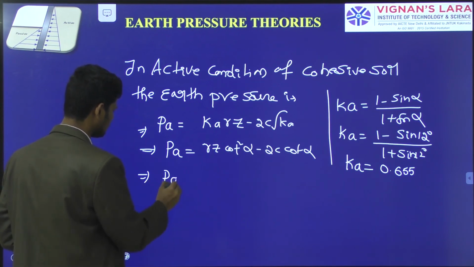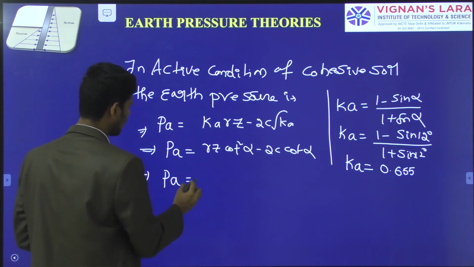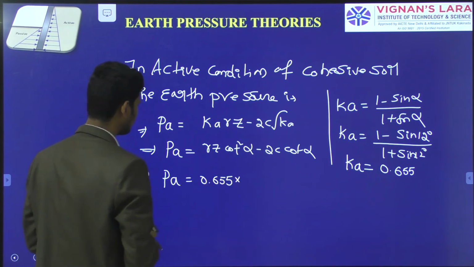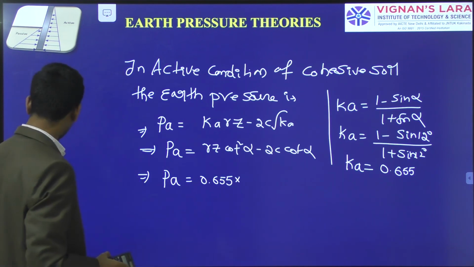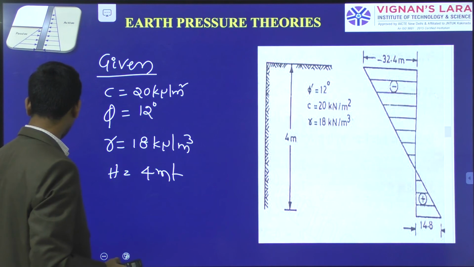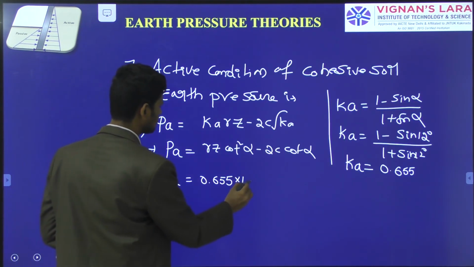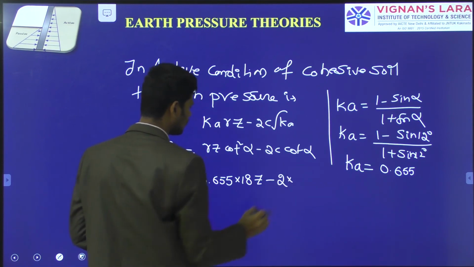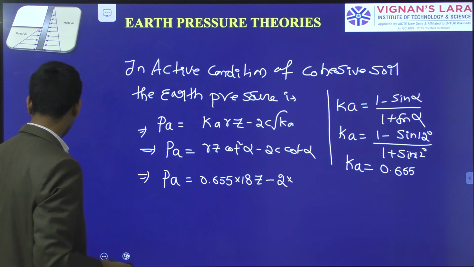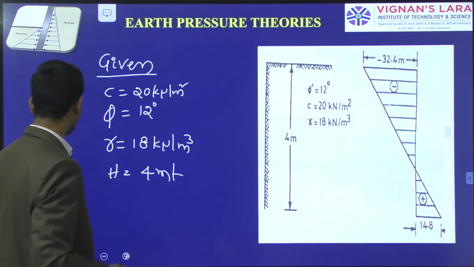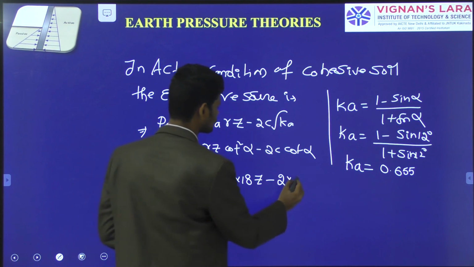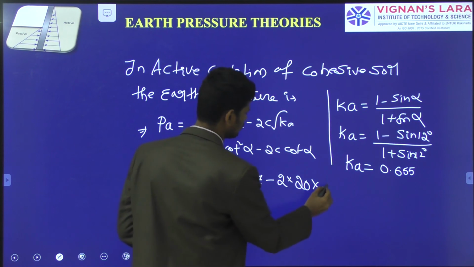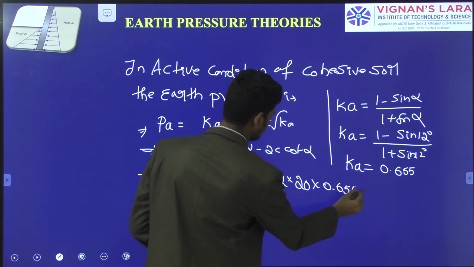From this we should calculate the active earth pressure. That active earth pressure Pa equal to Ka value already we are having, 0.655, and gamma is the unit weight of the soil mass, 18 kilonewton per meter cube, that is 18 into Z, minus 2 into C, where C is the cohesion of the soil mass, given as 20 kilonewton per meter square, that means 20 into square root of Ka, that is 0.655.